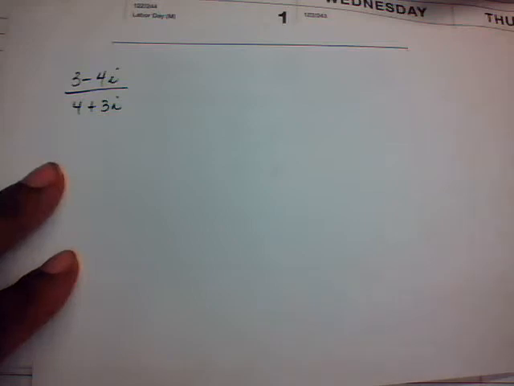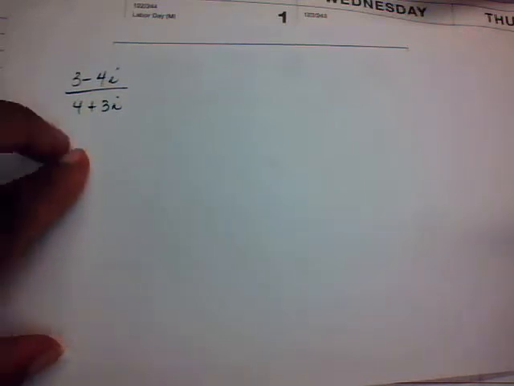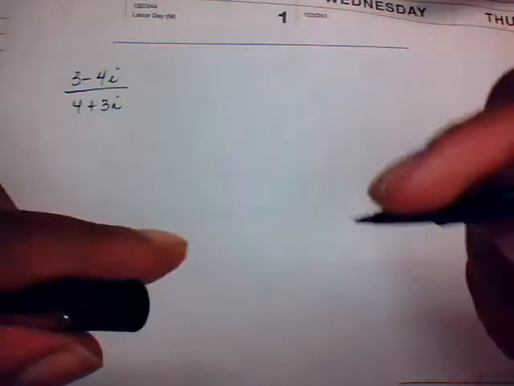Okay, so here's the problem that we're looking at. 3 minus 4i divided by 4 plus 3i. Now, let's look at our denominator, which is 4 plus 3i. The complex conjugate of 4 plus 3i will simply be 4 minus 3i.